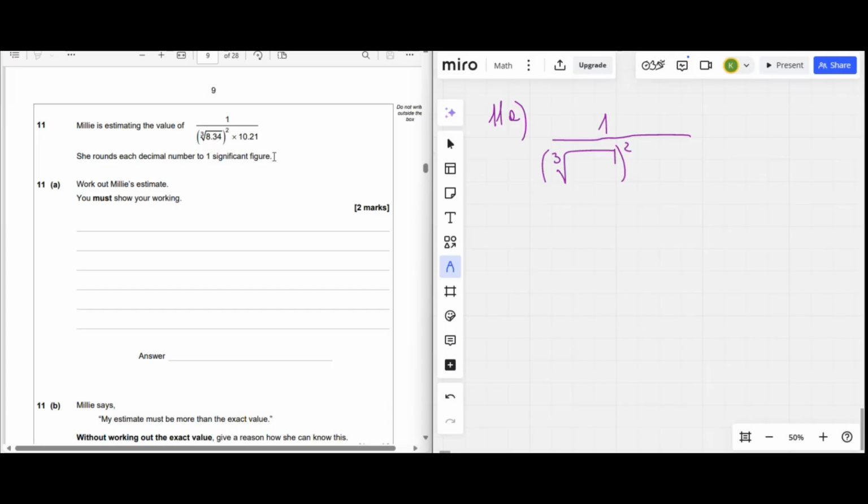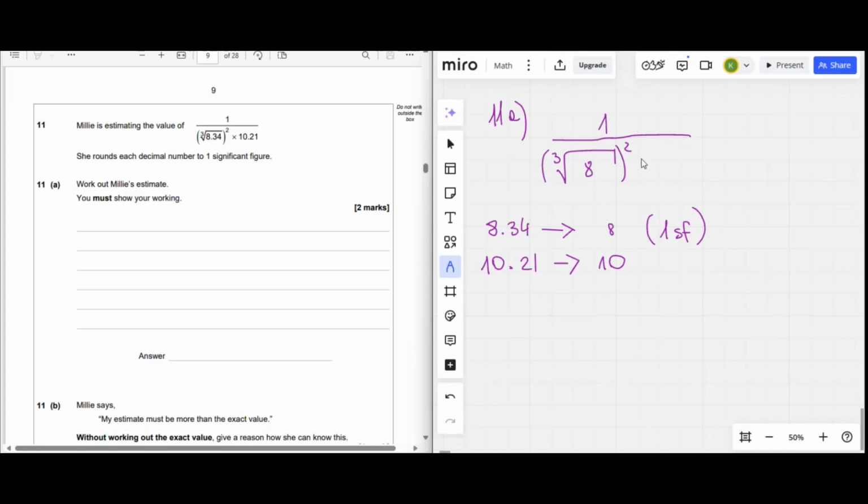If you round 8.34 to one significant figure, what would that be? 8. And let's do another one as well. 10. Yes, 10.